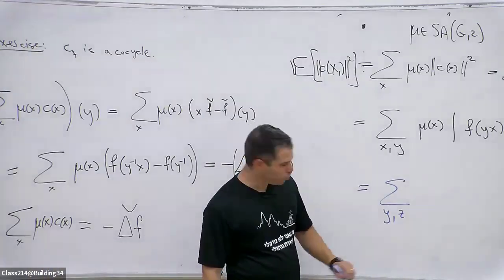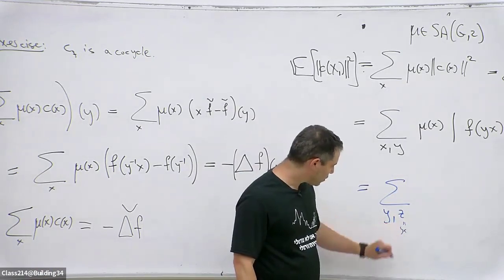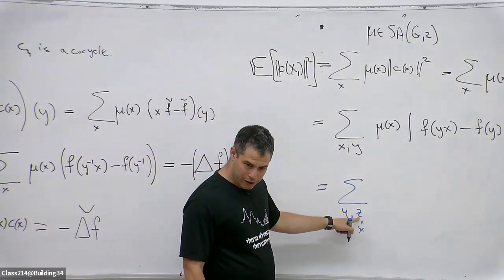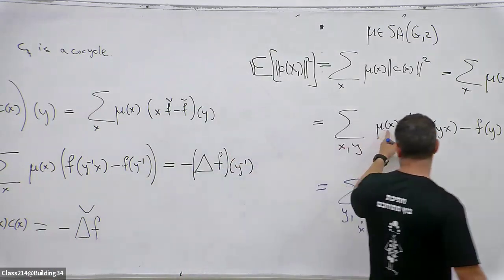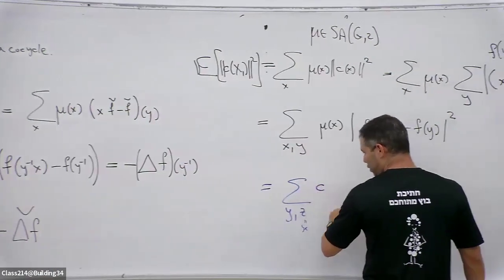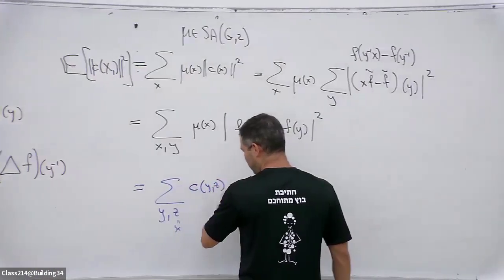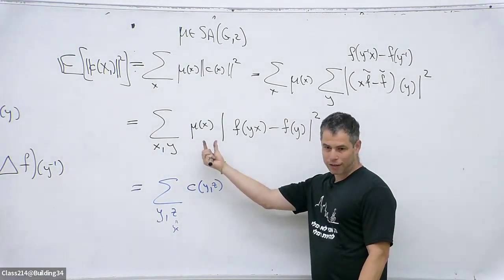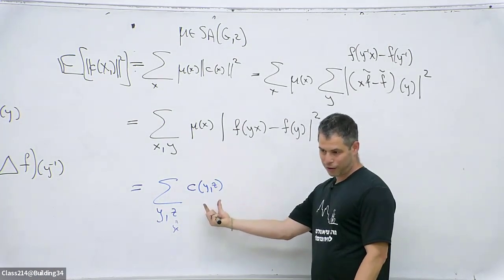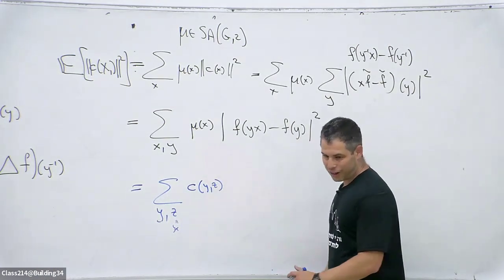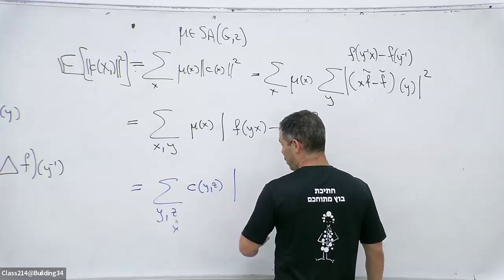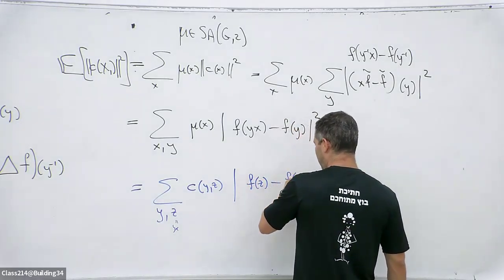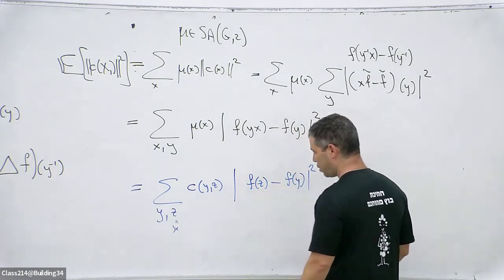Now z is going to be yx. So once you go over all y, you can go over all z, right? Instead of writing mu of x, I'm going to write the conductance of yz. That's good, right? Because if z is yx, then that's the conductance of yx, which is just mu of x. And then I have the difference between f of z minus f of y squared.